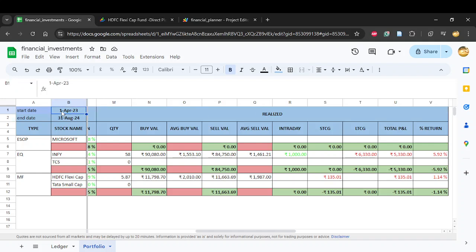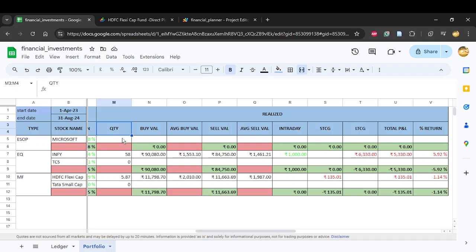So whatever stocks you have sold between 1st April 2023 and 31st August 24, and the quantum of total profit and loss that has been realized in each of these stocks across each of the categories, is registered in this section. Here also you have a quantity for the stocks that have been sold in this period.